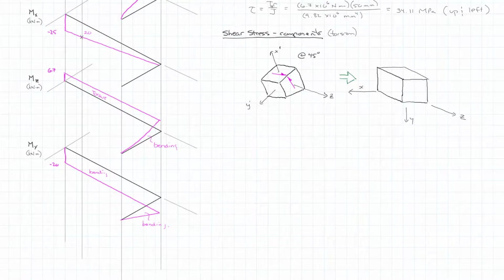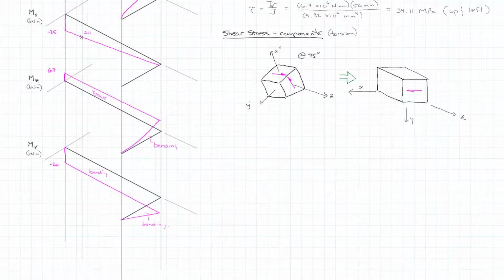We want to convert that into our global coordinate system so we can add it to or subtract it from the other shear stresses. It's basically on a 45-degree angle, so we're just using cos or sine 45, and we end up getting our values.